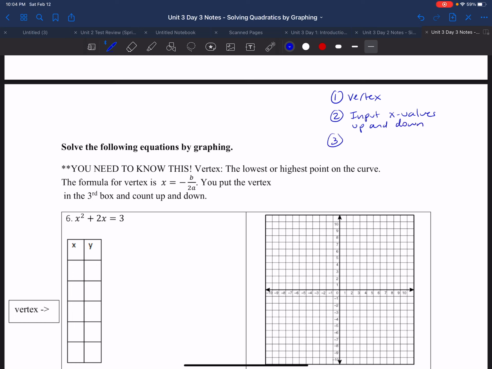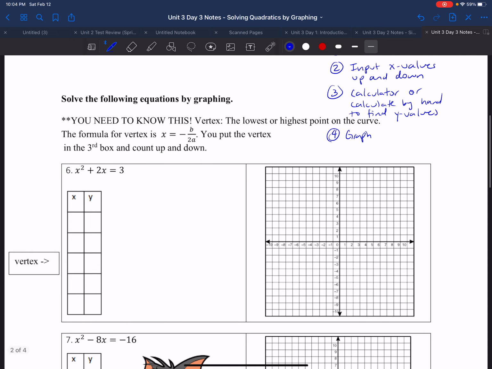And then 3, you can use a calculator or calculate by hand to find y values. And then the 4th one is graph. I thought of these steps just now, so hopefully this will be useful when we're doing these problems.